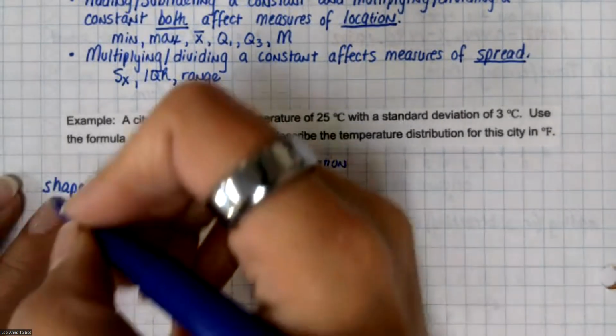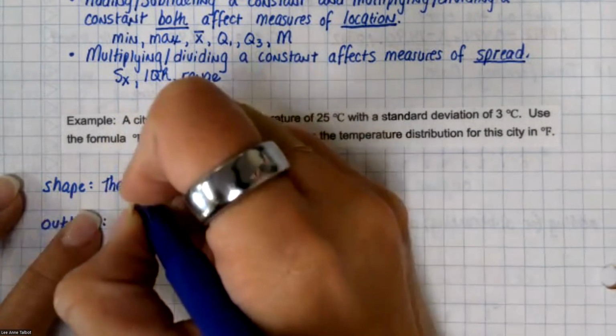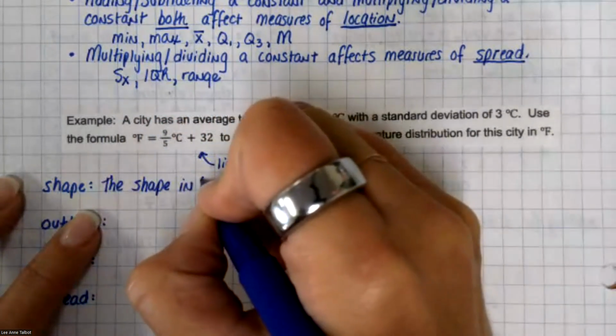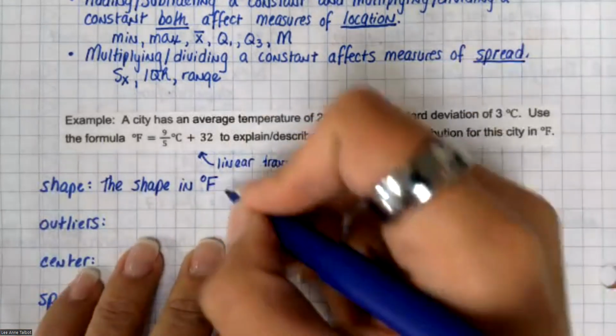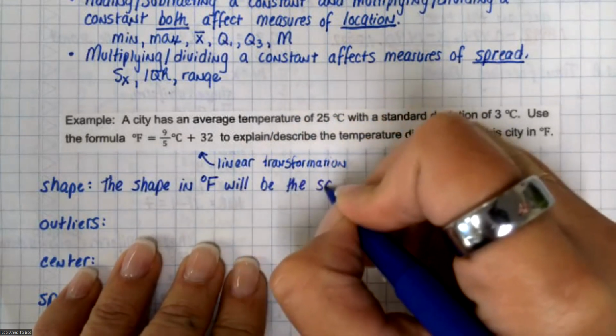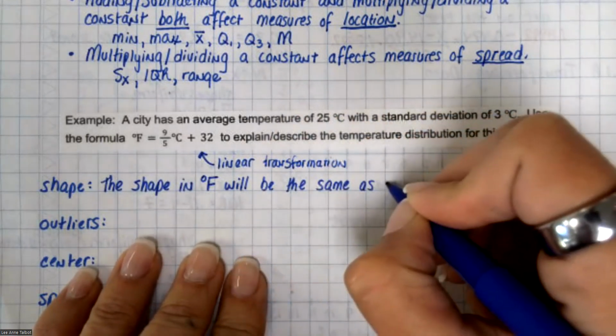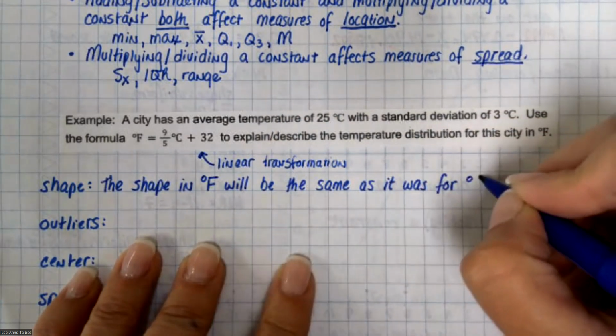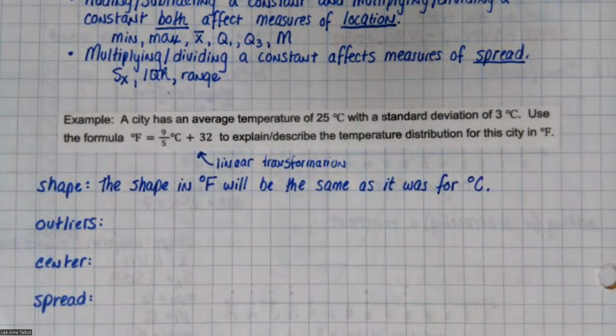No. So we're just going to say the shape in degrees Fahrenheit will be the same as it was for degrees Celsius. We don't know what Celsius was, it doesn't give us a graph, but we do know from what we learned today that it's going to stay the same shape.